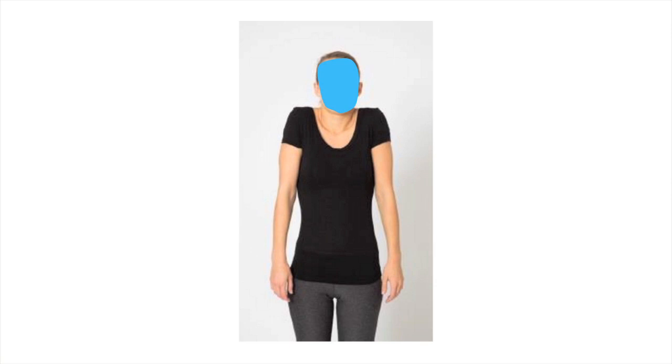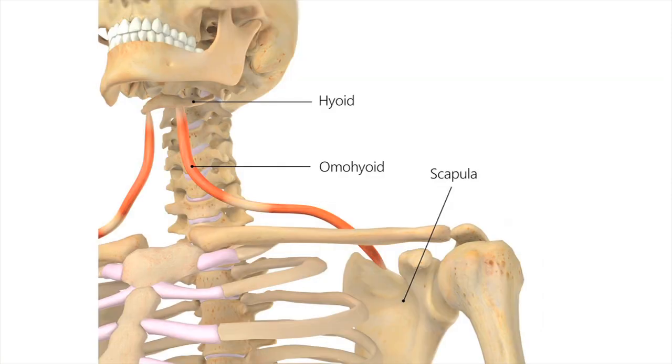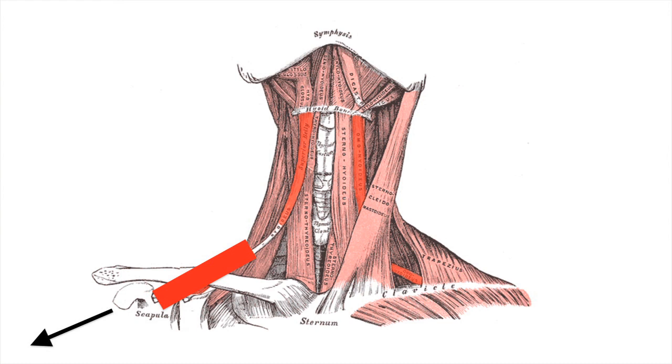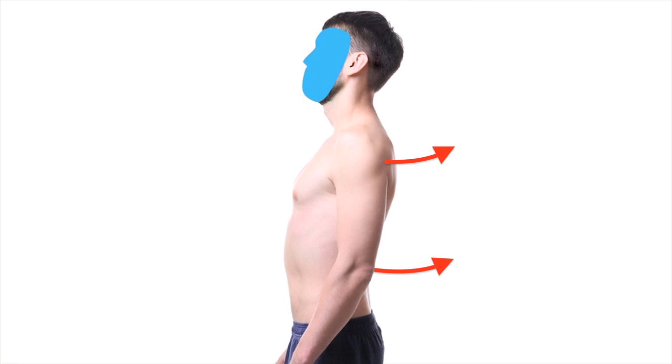Now let's think about this omohyoid muscle that connects the shoulder blades to the larynx and hyoid bone. If we want to lengthen this muscle, we absolutely need to get the shoulder blades away from the spine. If your shoulder blades come in towards the spine, you will be shortening this muscle. If you saw the series I put out on the arms, you may recall that pulling the shoulder or elbow back will also cause you to pull your shoulder blades in.